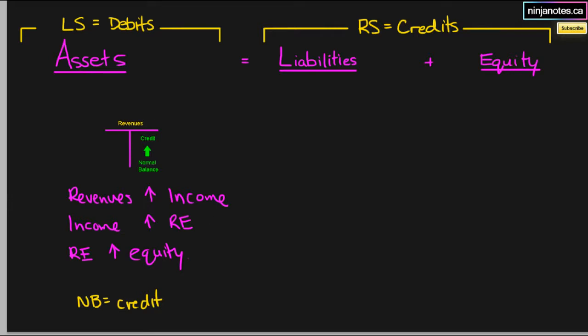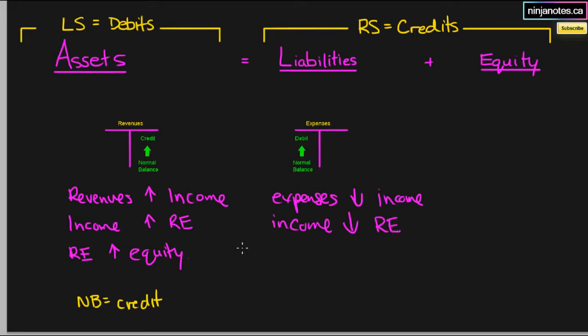And let's move on to the next one, which is the expenses. And expenses, let's see how they affect equity. So expenses are actually detrimental to your firm. Well, not really detrimental. You actually need expenses to earn revenues. You just hope that your expenses aren't more than your revenues, or else you're going to be having losses. So expenses lead to less income. Less income leads to less retained earnings.